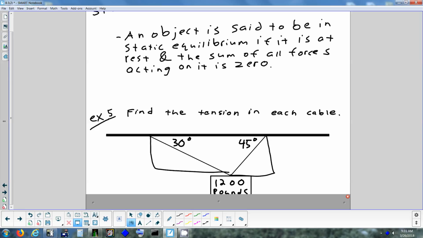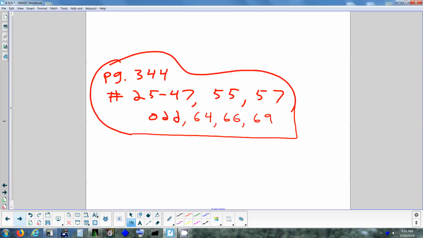All right, so results of force, let's go. All right, so for this part, can I see your packet? Is that last week's packet? So on page 344, thank you. I'd like to have you look at 25 to 47, just the odds. And then, let's see, 64, we're going to skip over that.